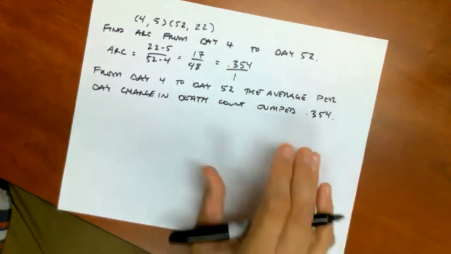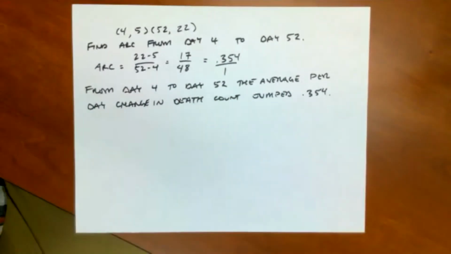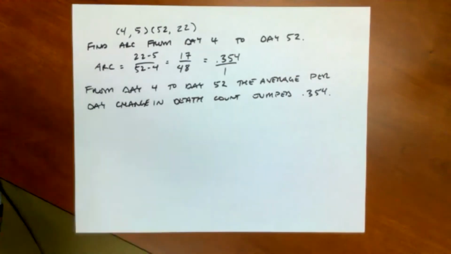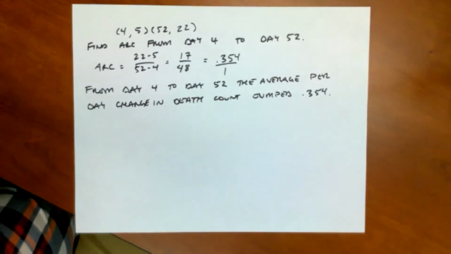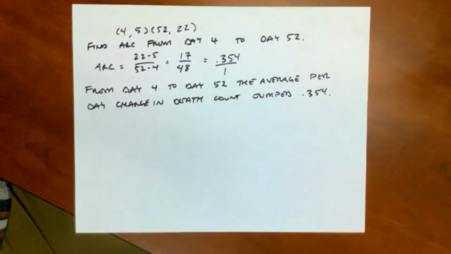So it went up 0.354. So we're saying it's increasing daily by 1/3 of a person. So about every 3 days, we should see 1 more person per day die, right?